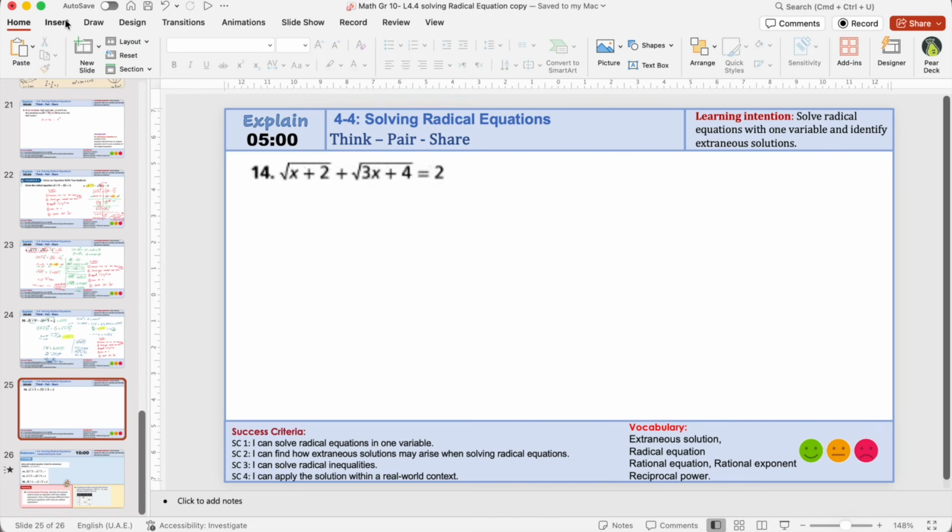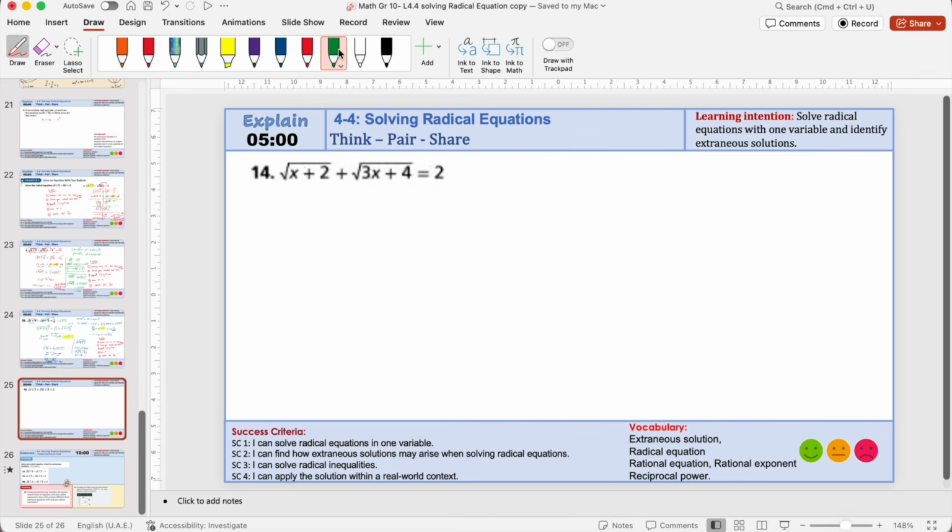Again, you need to isolate the roots. Personally, I can tell this root looks a bit heavier than the other one. So I'll take this one to the other side and isolate this root. It's going to be negative root of x plus 2. So now you have only root of 3x plus 4 equals 2 minus root of x plus 2.